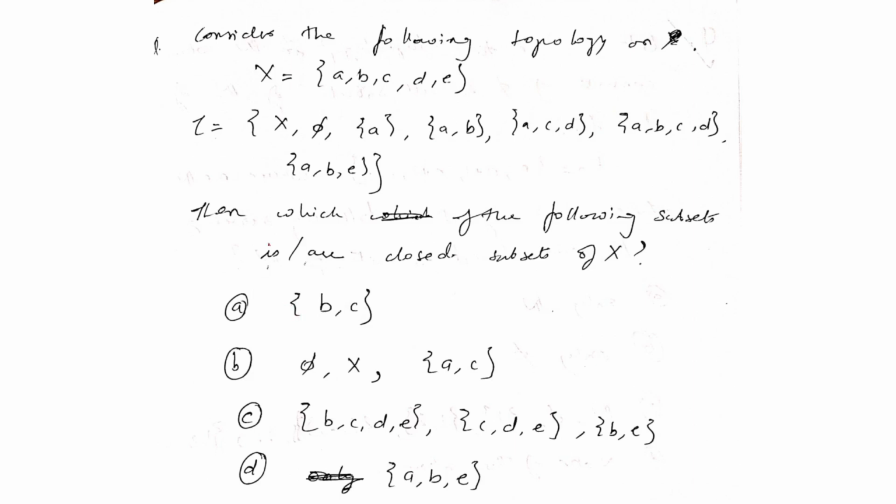Because first of all find the complements: here you will get first the empty set, then the complement of this you will get X, then you will get B, C, D and E. Then next you will get C, D and E. Then next you will get C and B and E.